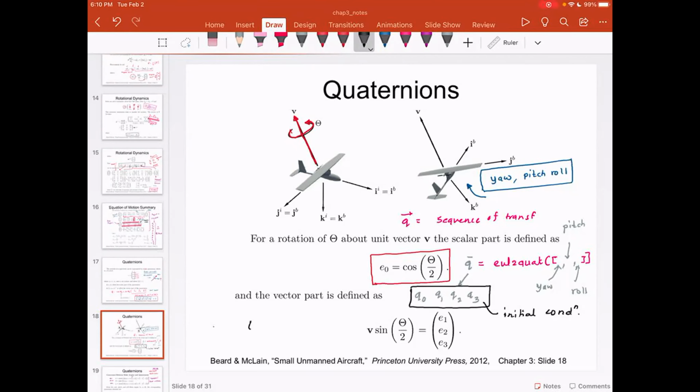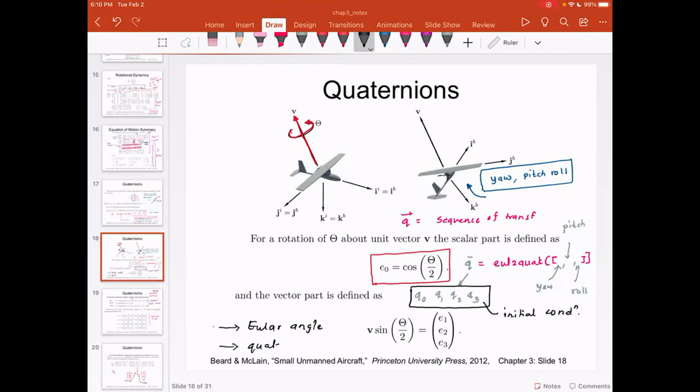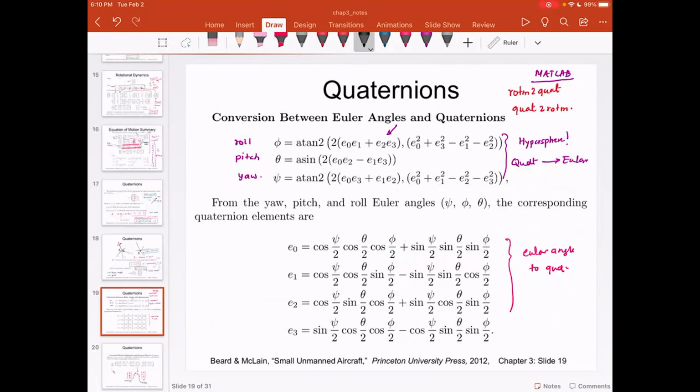If you are performing integration in Euler angles, your initial conditions will be in Euler angles. If you are performing integration in quaternions, your initial conditions must be in quaternions. You cannot mix and match. You cannot supply Euler angle initial conditions for quaternion integration. So with this information, let's look at how the quaternion integration can be performed.